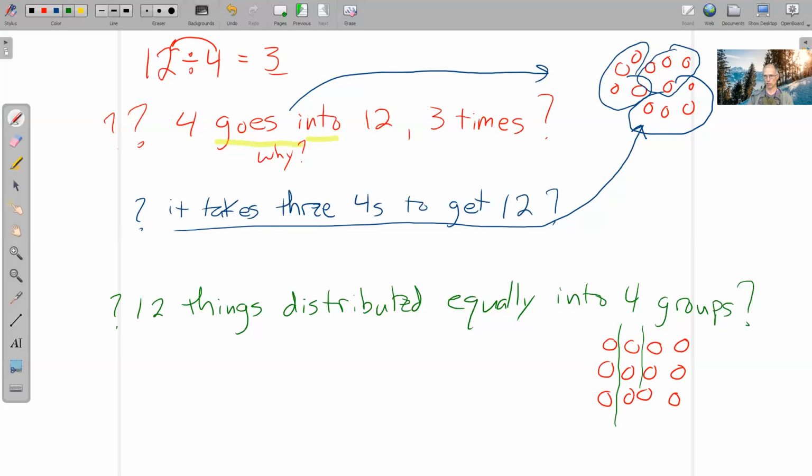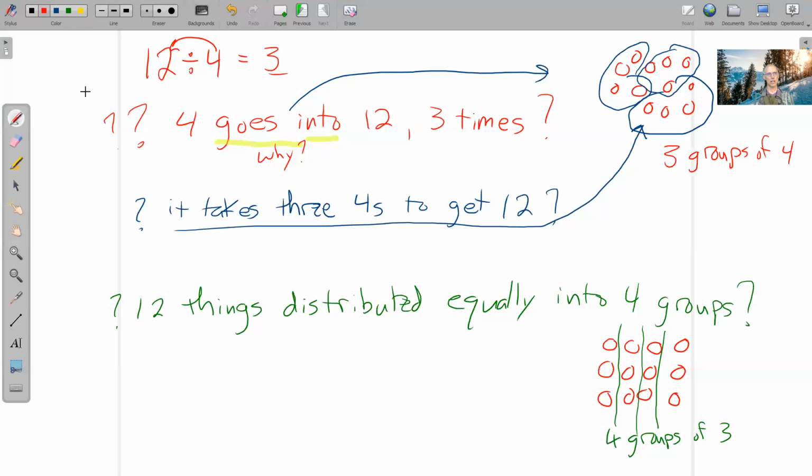If I split them up into columns, I now have 4 groups of 3. Whereas this one up above is a slightly different approach, right? This one right here is 3 groups of 4. Different picture, same total. 3 groups of 4. Okay.